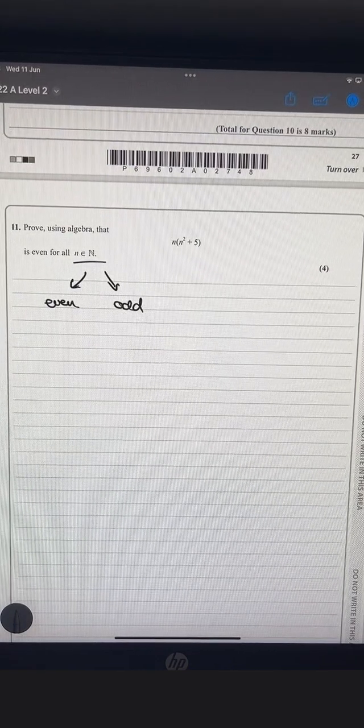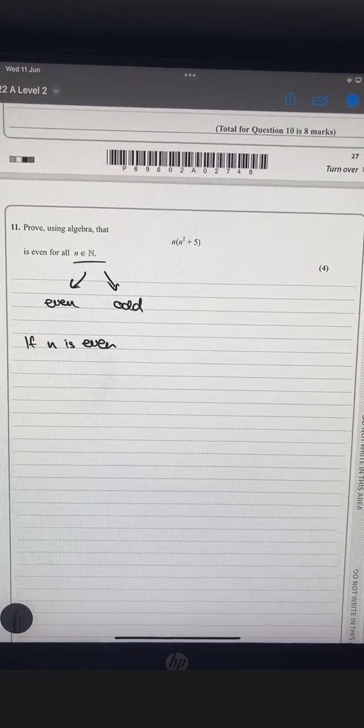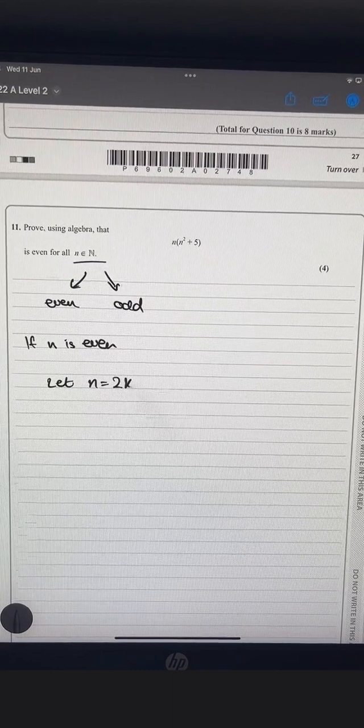So the 2 things we can do in this are evens and odds, right? Proof by exhaustion. So if n is even, I'm going to write n as an even thing. What am I going to do to make it even? I'm just going to multiply by 2. n equals 2k. And k is just another letter, all right? We can always use algebra in this. We can't use n because that's the letter given, so we're using a different constant where k can be any number. To make it even, just double it. So if n is equal to 2k, I have n squared plus 5.